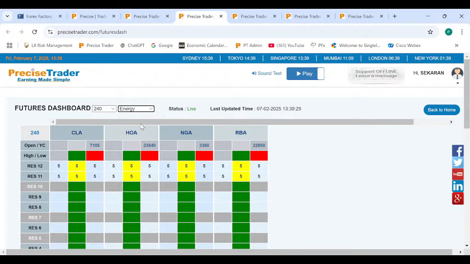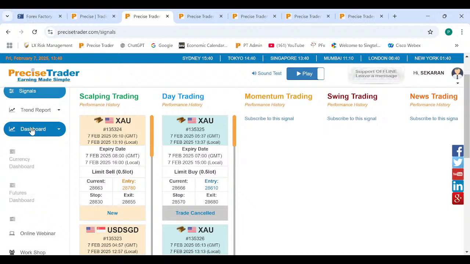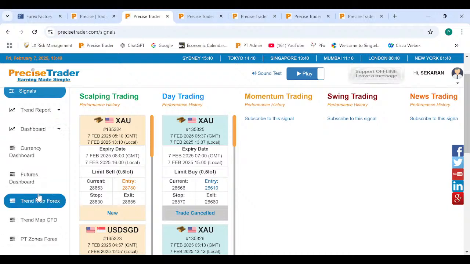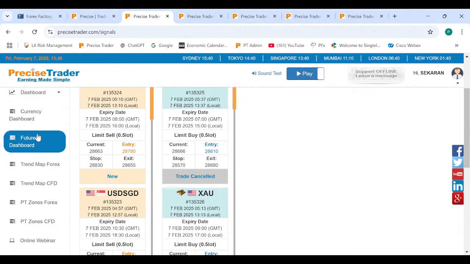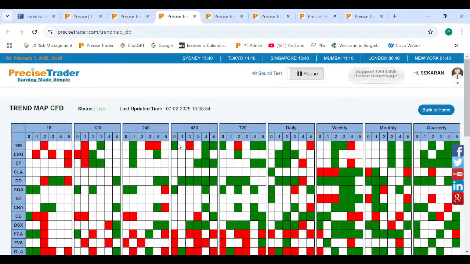I am not sure whether crude, I think Europe. Some of the things, maybe I can show you that trend map. Some of the things have not been activated because of the high pricing involved for the data feed.